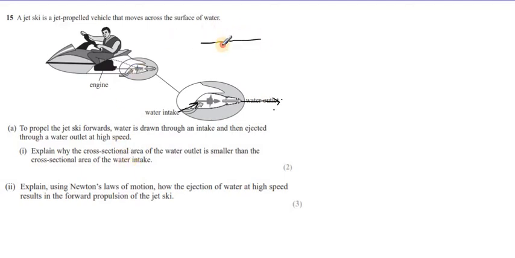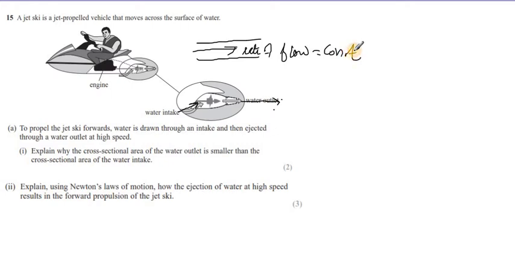When water flows through a pipe, it flows with a constant rate. Remember, the rate of flow of water is constant throughout.